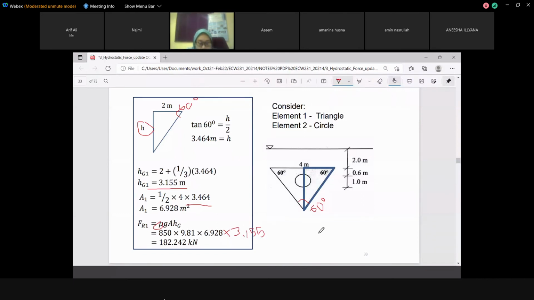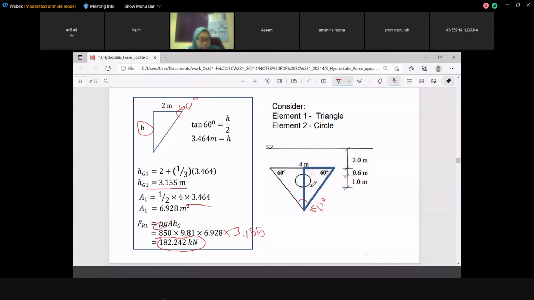Dapat tak jawapan ni? Sama tak? Dapat lain lah medium.